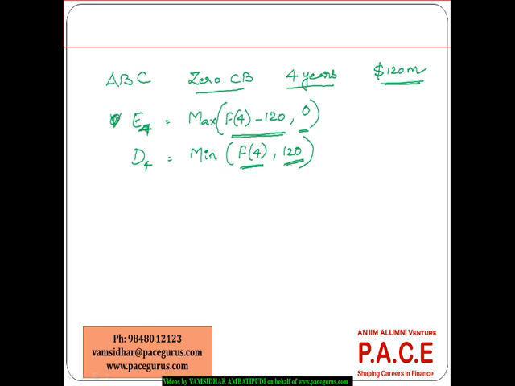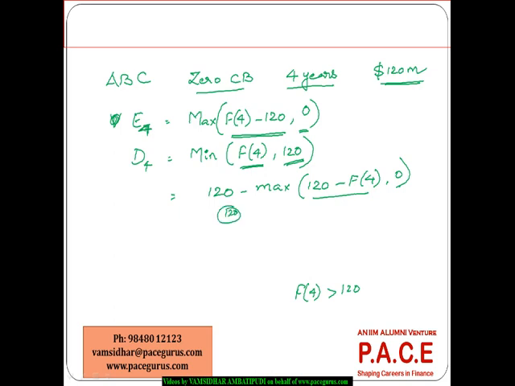In other words, I can also write this as 120 minus the maximum of 120 minus f of 4 comma 0. Look at this. If f of 4 is greater than 120, then this number is negative, so the maximum is 0, and he is going to receive 120.